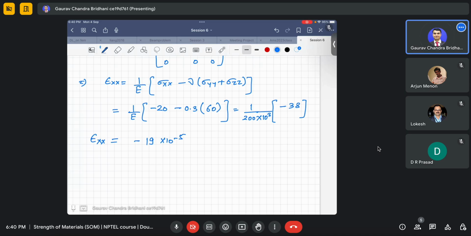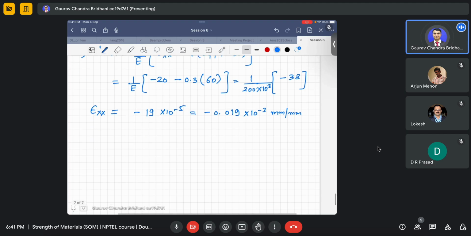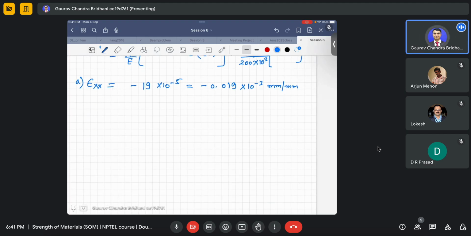We can also write it as -0.019 into 10 to the power -3, in mm per mm. So we got epsilon xx. I think this is part A.